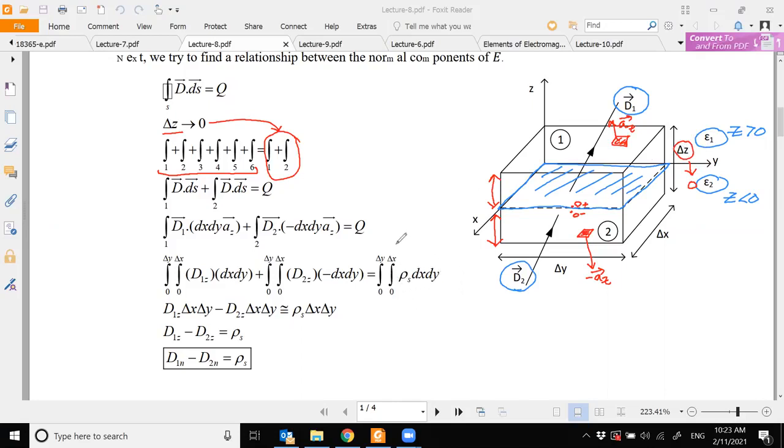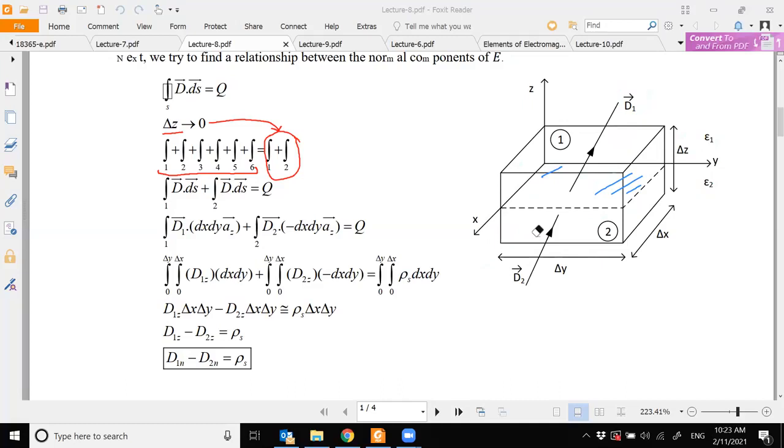Now if I equate the left-hand side and right-hand side, I will get D1z delta x delta y minus D2z delta x delta y is almost equal to rho s delta x delta y, or D1z minus D2z is equal to rho s. This is the second boundary condition: D1z minus D2z is equal to rho s.